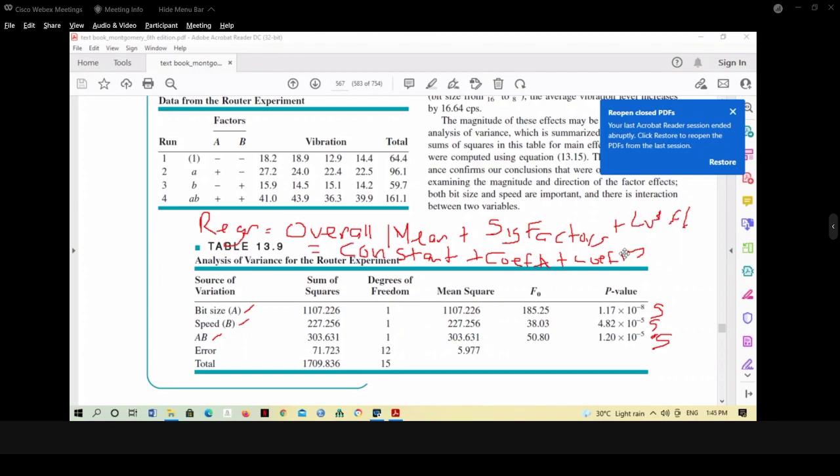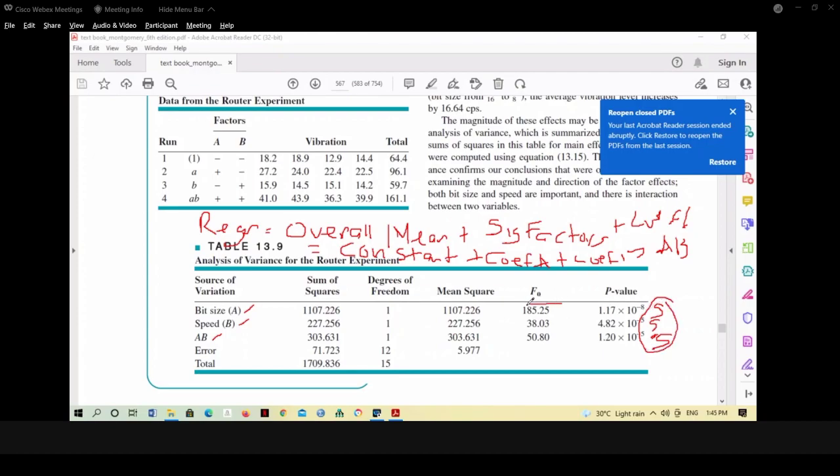So for this 2 by 2 example, the regression model is constant plus coefficient of A plus coefficient of B plus coefficient of AB, because all are significant.